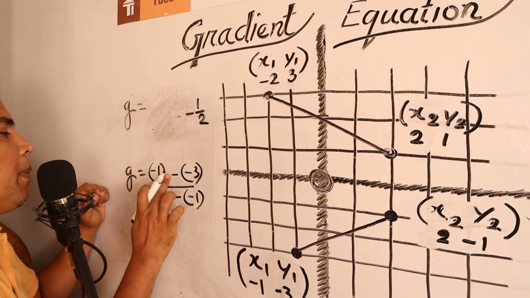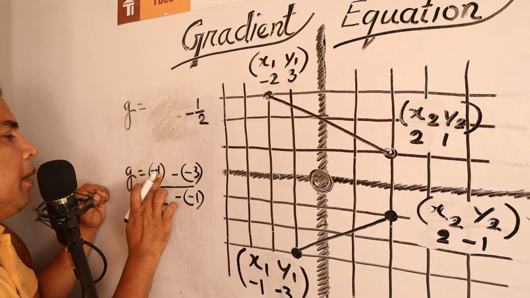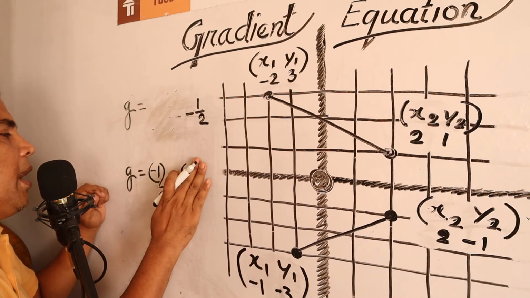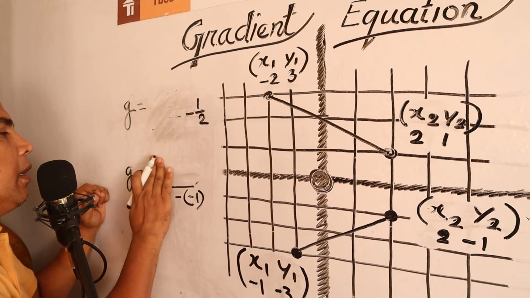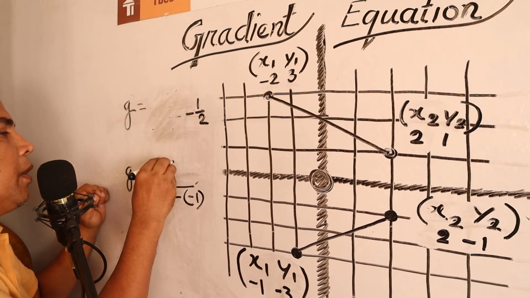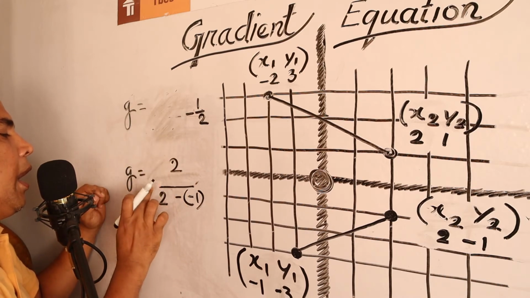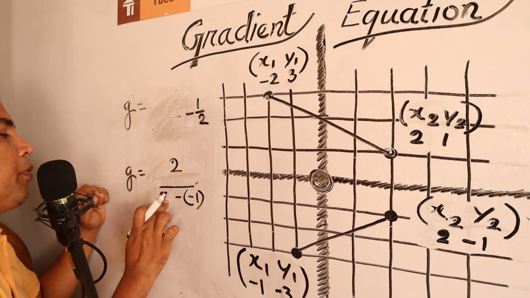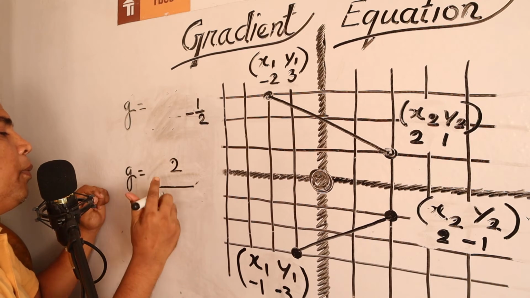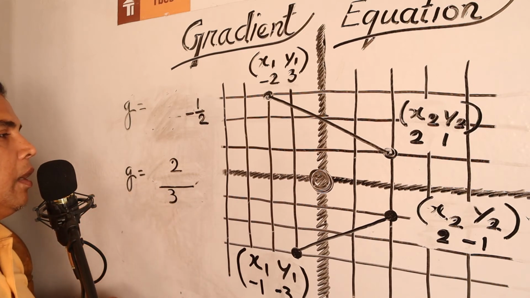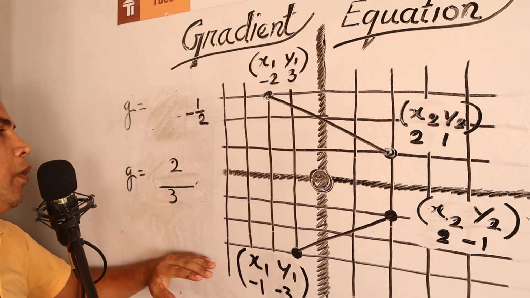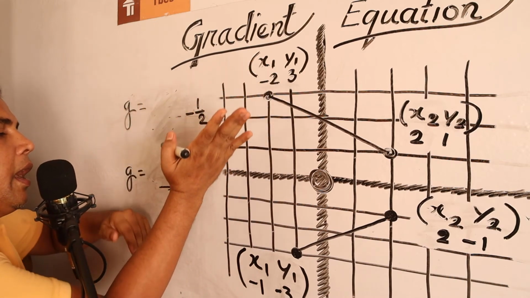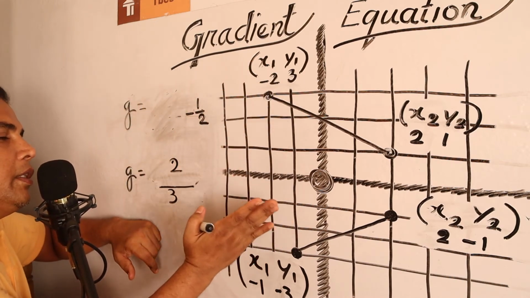So the result of the upside will be plus 3 and minus 1, so 2. And the downside will be minus plus and 3, so 2 upon 3. So this is the result of the gradient of this part, and this is the result of this part.